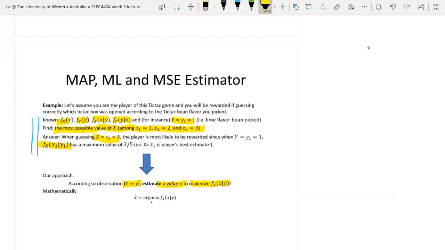Mathematically, our estimation, I'm using x hat to denote it, is the value of the x.